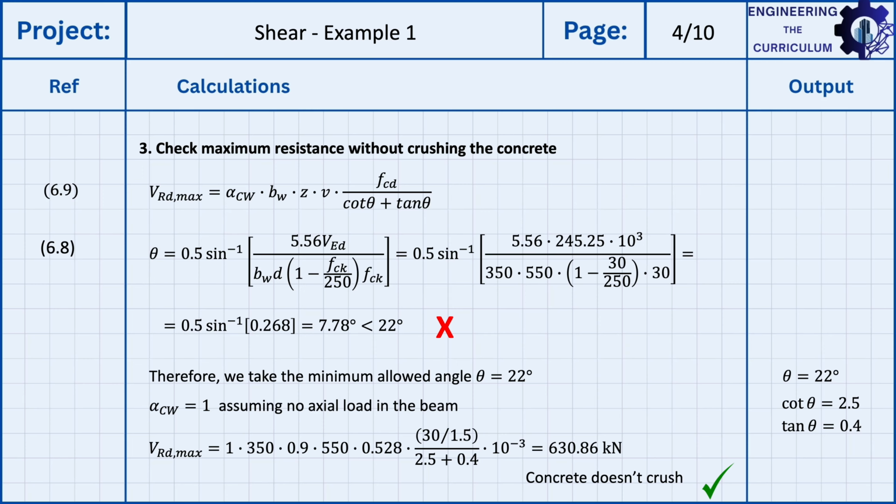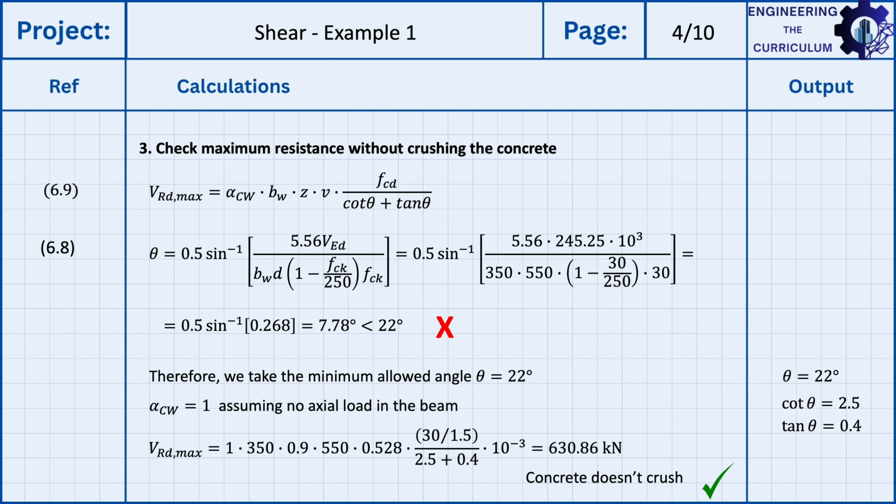So VRD max is going to be alpha CW 1, the breadth of the section 350, times Z, the lever arm, which in shear is 0.9 times D, so in our case 0.9 times 550, times the strength reduction factor that we've just found of 0.528, and then times FCD, the strength of concrete divided by the safety factor for concrete, which is 1.5, and divided by cotan and tan, the angle.